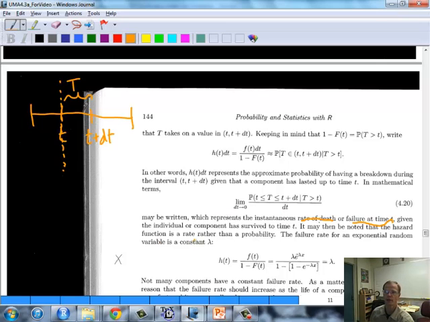Keeping in mind it's a rate, not a probability. That's something to keep in mind. And there's a little typo in the book here, but the failure rate for an exponential random variable turns out to be lambda. And that captures the memoryless property right there, because the failure rate stays constant over time. Very interesting.